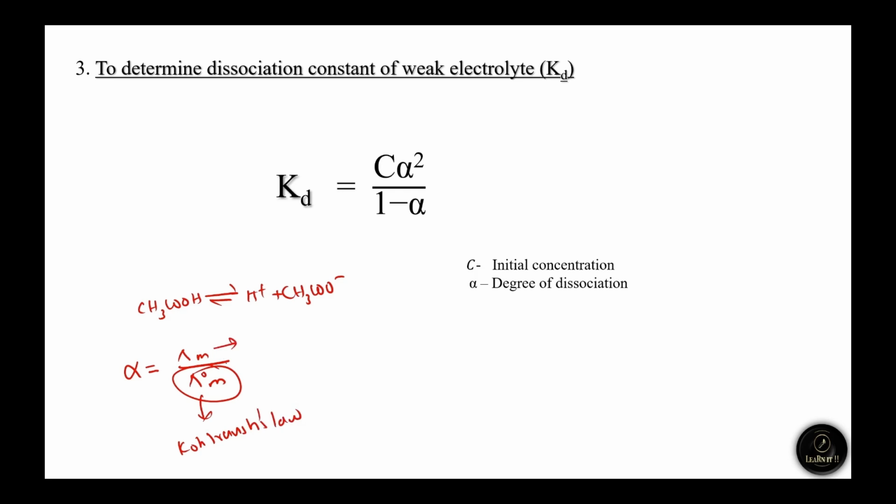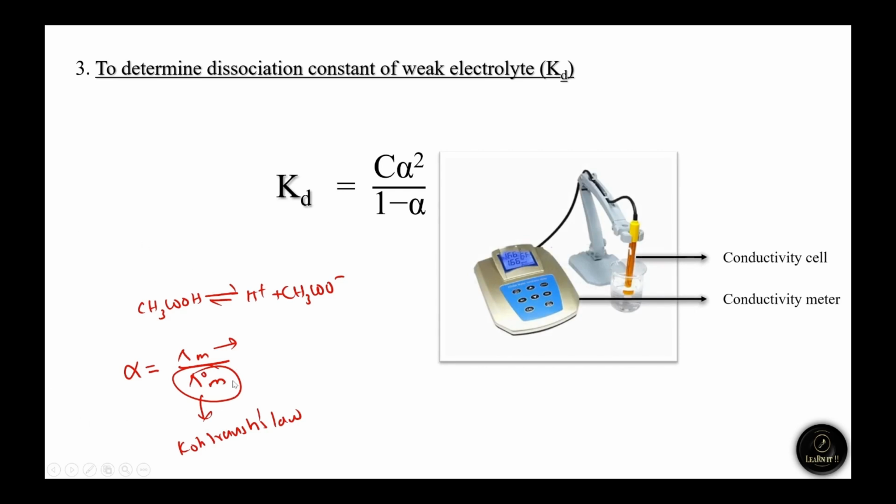So what about lambda m? So lambda m is calculated by using a cell called a conductivity cell. This is the conductivity cell and this is the conductivity meter. This shows the specific conductance, that is K, of the solution at given concentration. So K is calculated here.